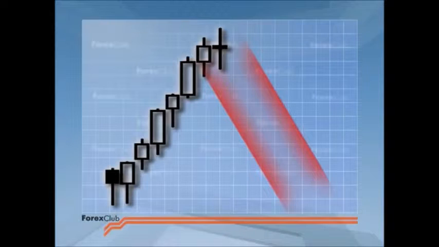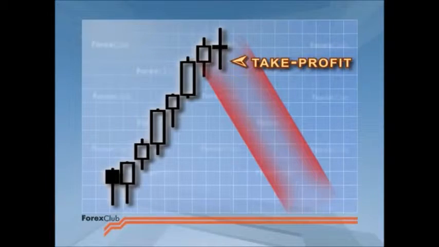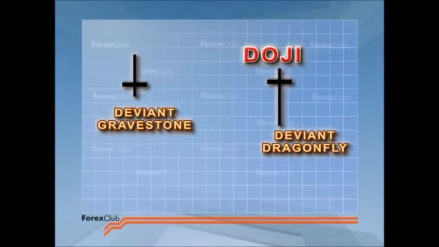All the signal can tell us for certain is that the trend is under stress and we should close our positions on the trend and take our profit. Here are the other deviant dojis I mentioned earlier. They are also reversal signals, of course.